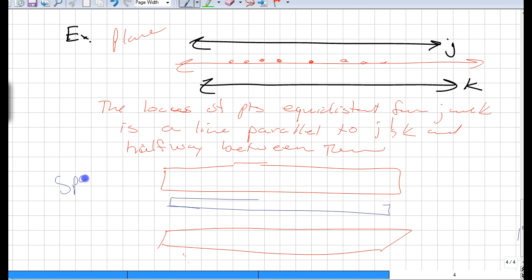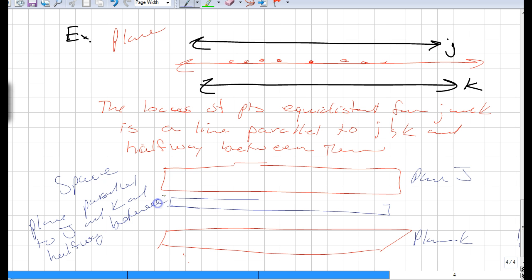This is space, because now we're talking about planes. So if I have two parallel planes, plane J and plane K, then the locus of points equidistant from plane J and K would be a plane parallel to J and K and halfway between them.